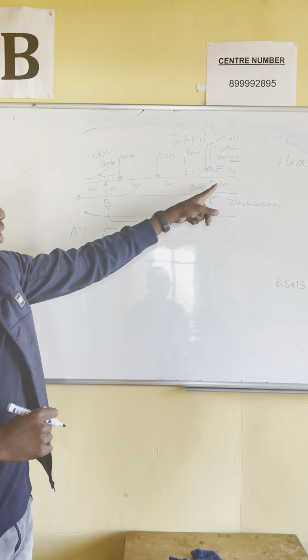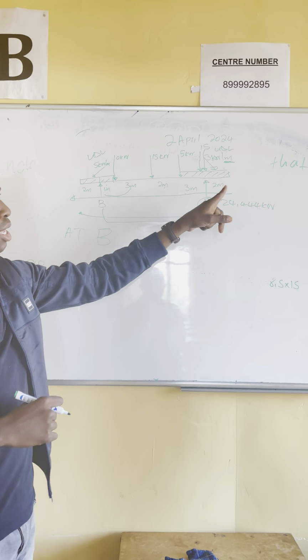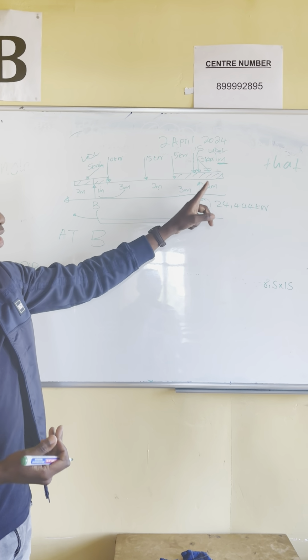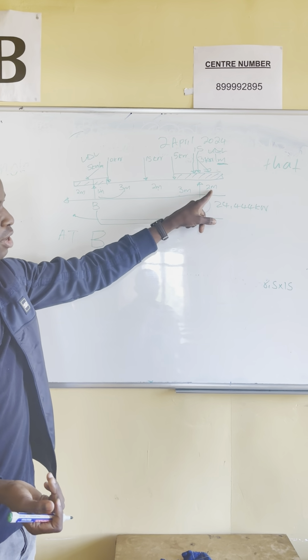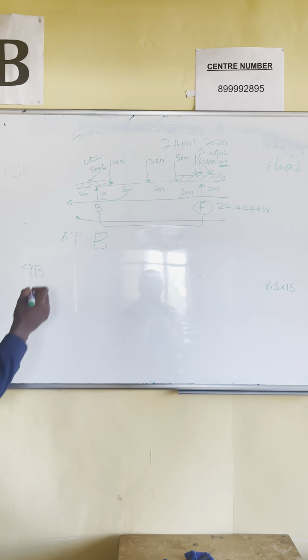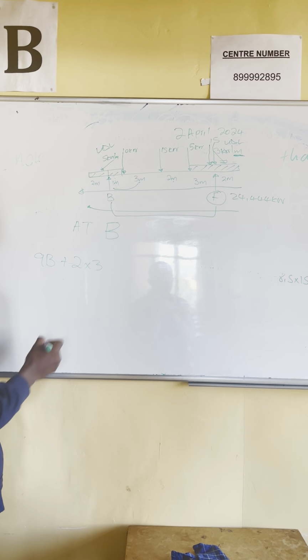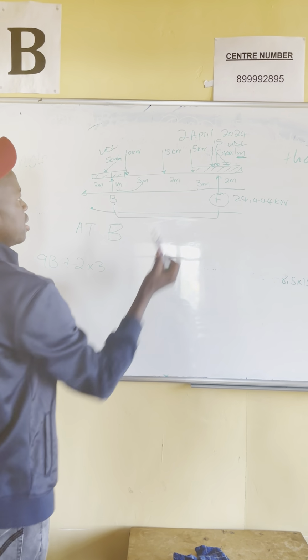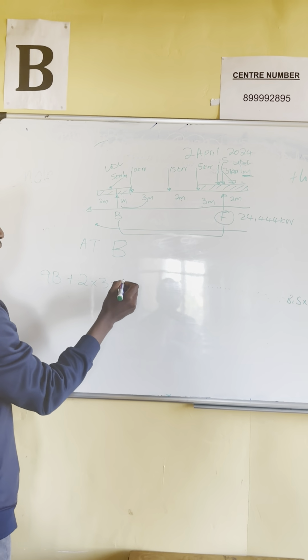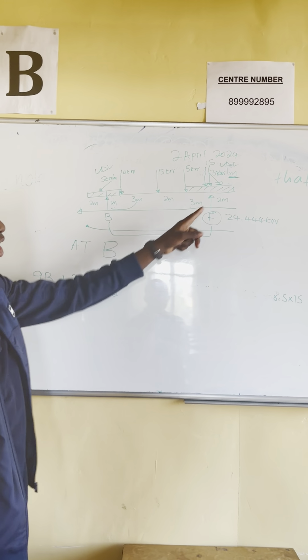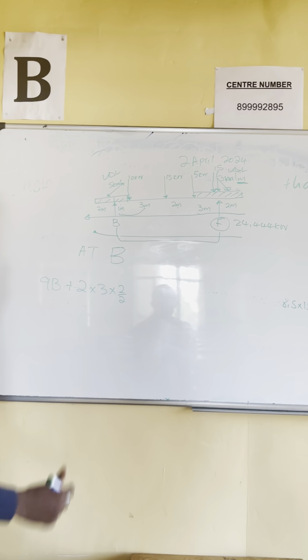We know that we have a UDL here. And then outside support, the UDL passes outside support. And then we have 2 meter. So you'll say plus that 2 meter times 3 to remove that meter here, and then you'll say times 2/2 because we need half of this, is equals to.